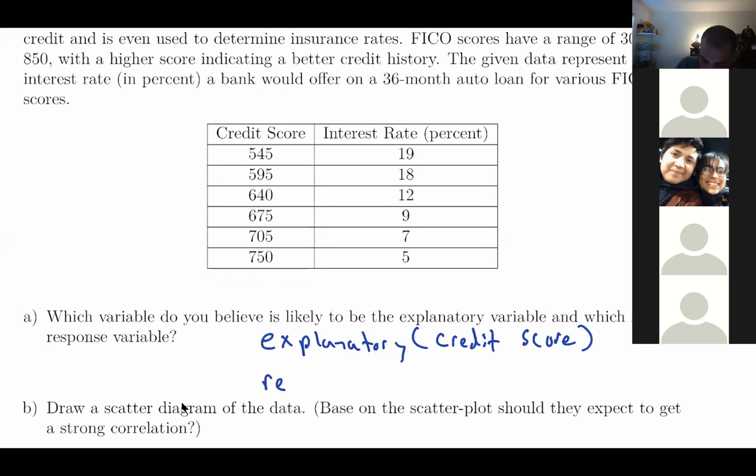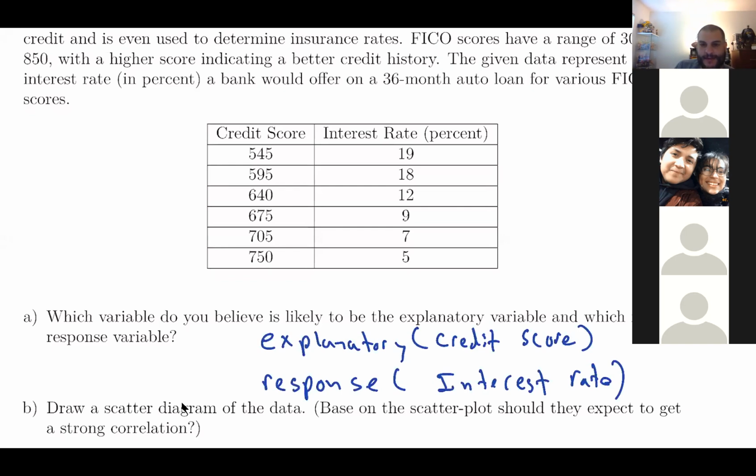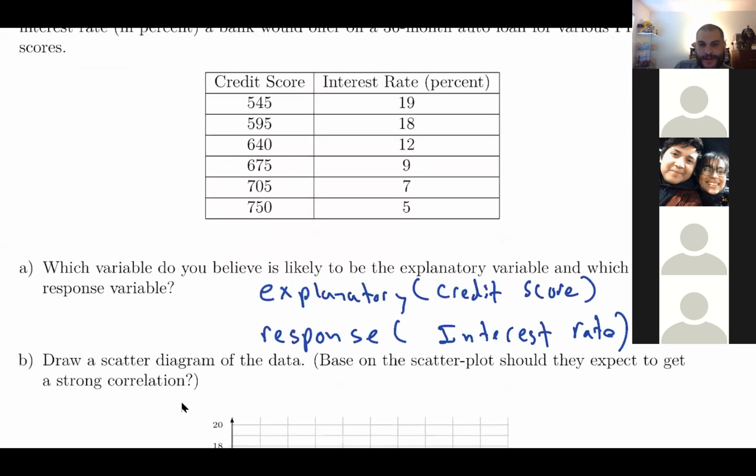So let's do the response. If credit score is my explanatory, that means my response automatically is interest rate. Everybody good on A? Yes.